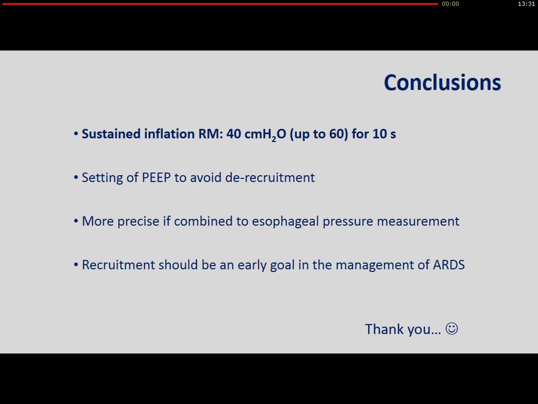And usually during the first 24, 48 hours of ARDS, you don't need to suction the patient. They don't have a lot of secretions. But if they do, or if there is an accidental disconnection, then we will probably perform another recruitment maneuver.